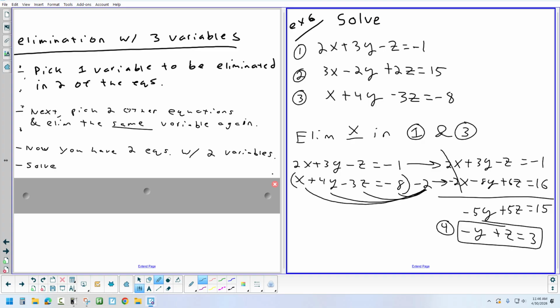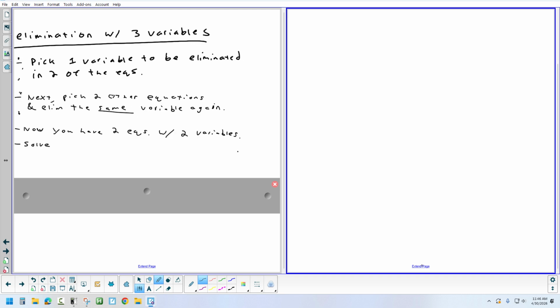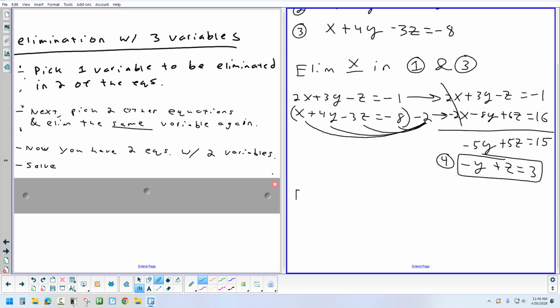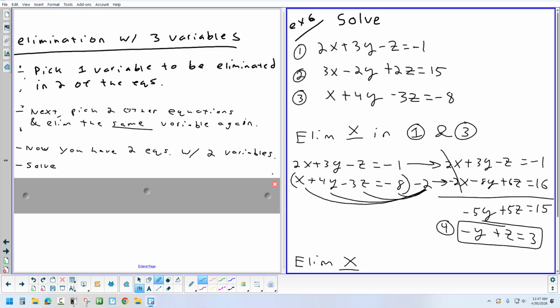All right. Now I need another equation with just a y and a z. So we're going to do the same thing one more time, but you can't pick equations 1 and 3 again. You do have to eliminate x, but pick 2 other equations, not 1 and 3. Which 2 should we pick? 2 and 3. I would do 2 and 3. Always try to pick an equation that has a 1 in front of a letter.